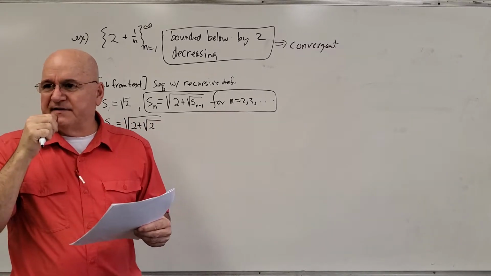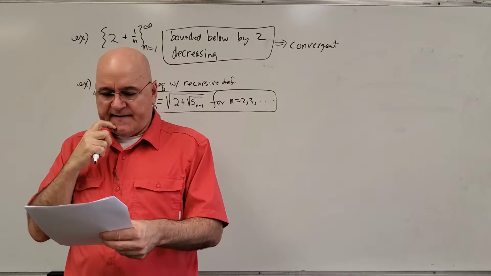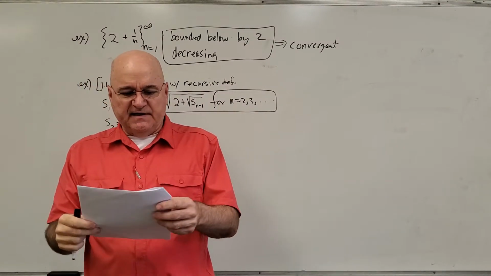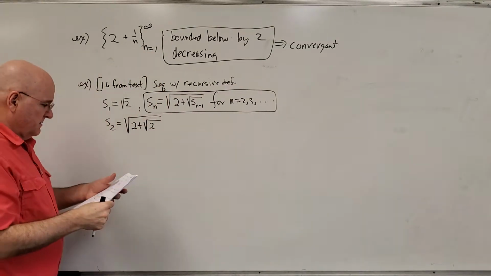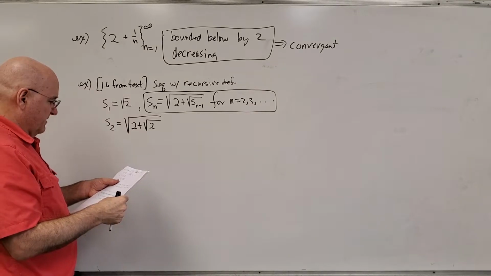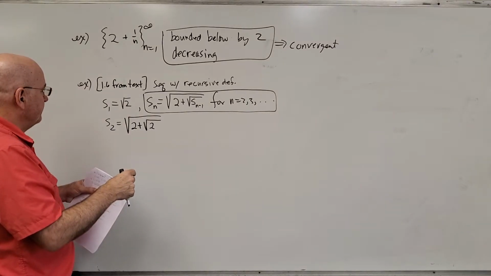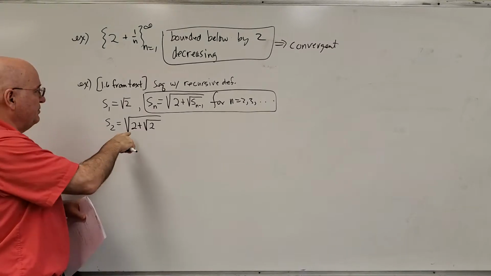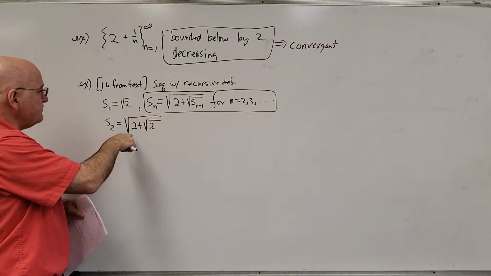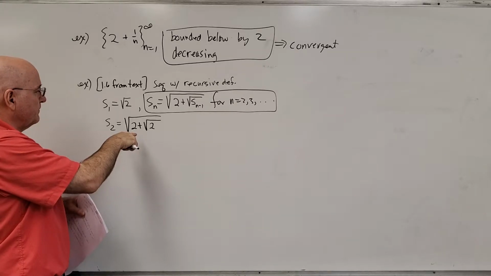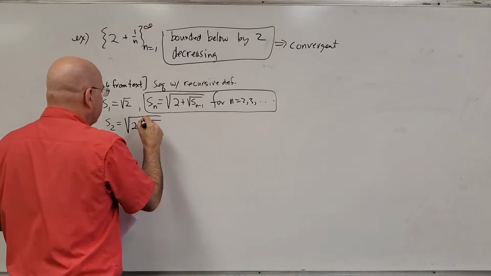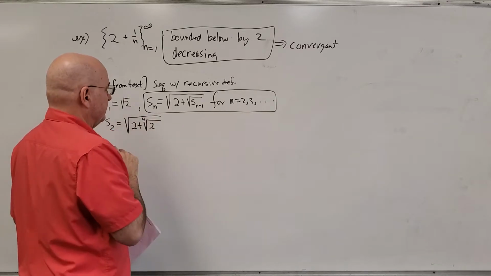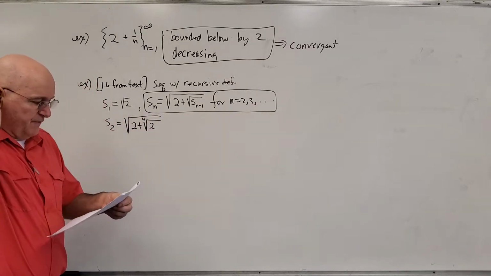Anybody have the text open by chance? On 1.6, something doesn't quite seem right. S2 is square root of... And what's S1? Is S1 radical 2? Yes. And S2 is what? Square root of 2 plus the 4th root. Oh, it is the 4th root. Okay. Then it is correct. I didn't remember it being a 4th root.